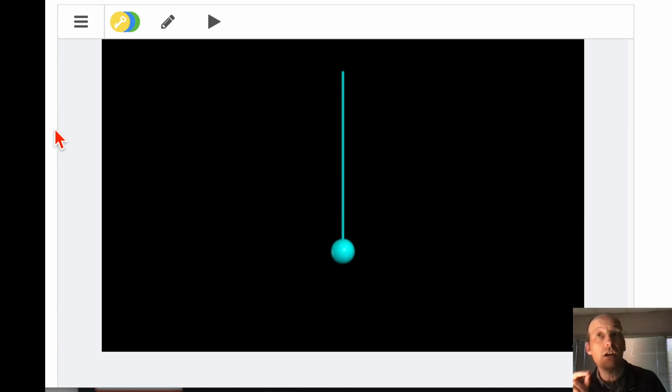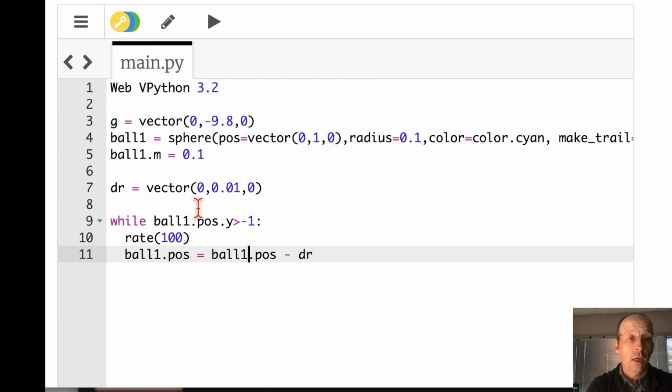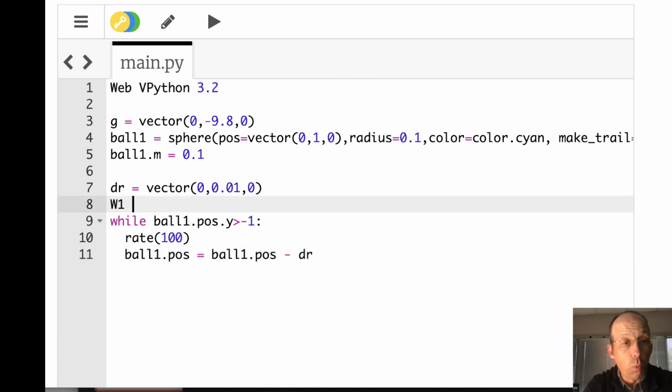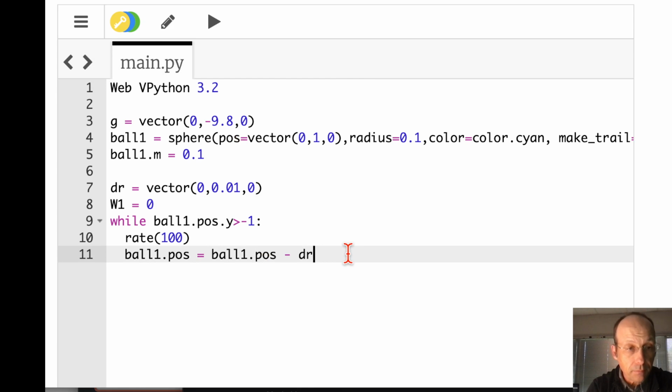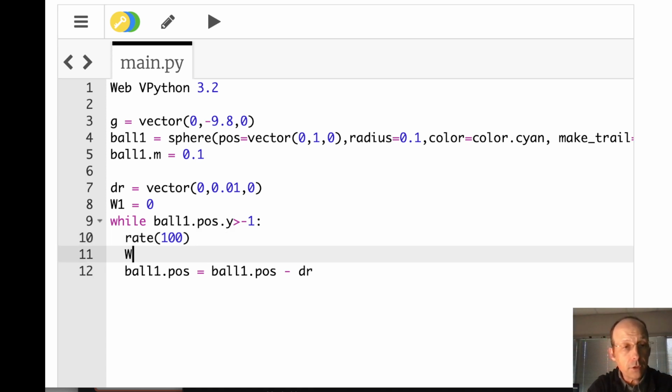Now all I need to do is calculate the work on that ball as it moves down. Let's call this work 1 equals 0. Now, I need to take F dot dr, and that's my delta work, and add it to my total work. So work 1 equals work 1 plus the dot product m times ball1.m times g dr. That's not good.